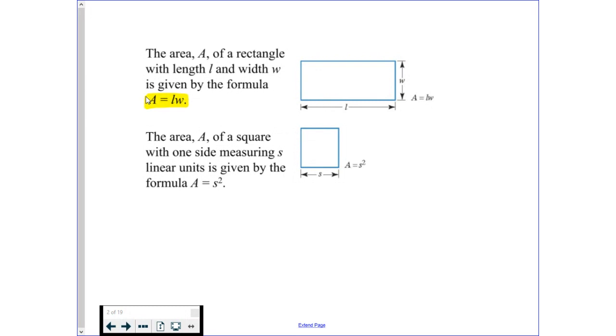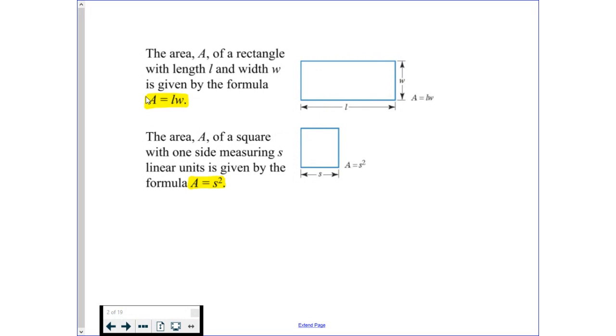The area of a rectangle with length L and width W is given by the formula area equals L times W. And the area of the square would be S squared, where S is one of the sides of the square. So area deals with two-dimensional figures, length and width. So how much space is covered in two dimensions?